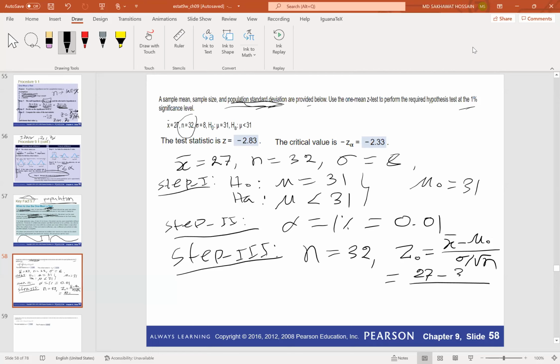So 27 minus 31 divided by sigma, 8, over square root of n, 32. If you simplify this, then the test statistic will be negative 2.83.